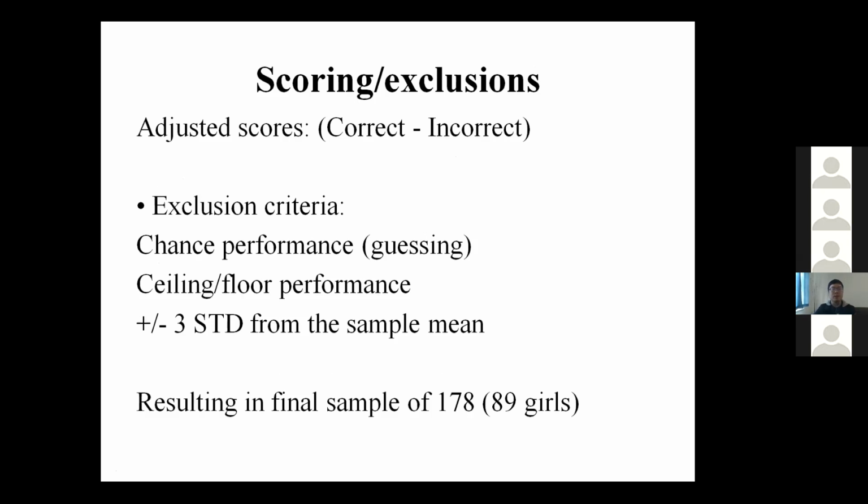We calculated the adjusted score for final analysis. Also, based on some criteria, we excluded some participants from our analysis. So finally, we have 178 participants, where we have 89 girls, so half boys and half girls.